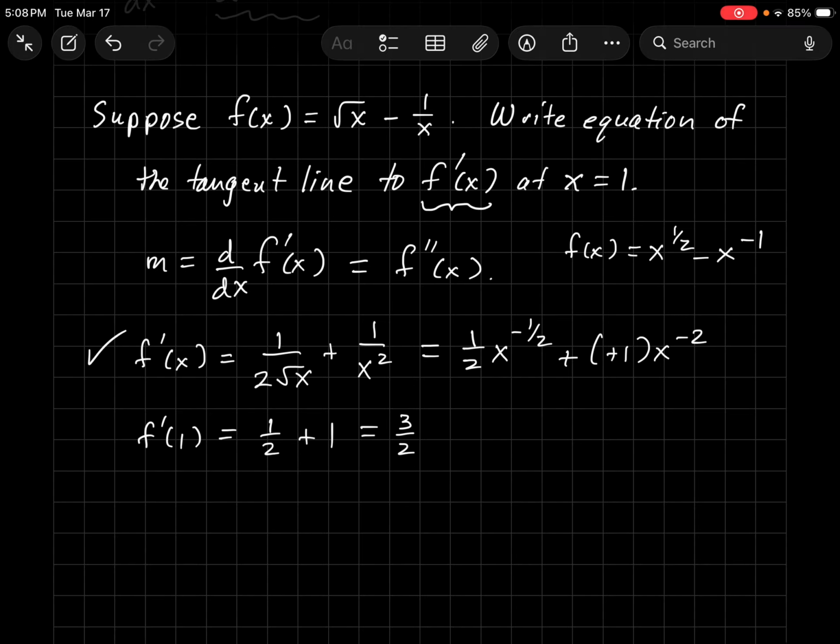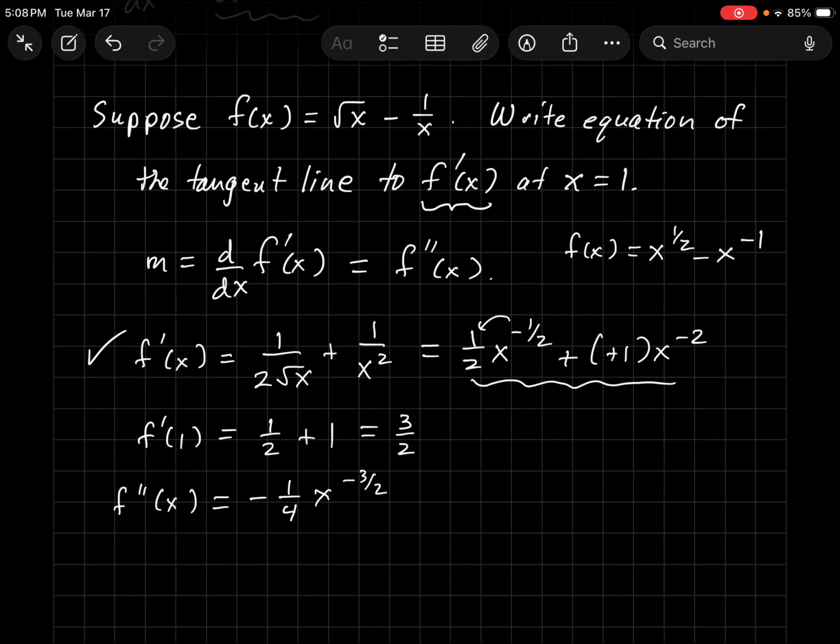And now we need the slope, which is the derivative of f prime, or f double prime. And so I'm going to use this form over here to take the next derivative. So I get negative 1/4, because I bring the power down and multiply by the constant. And I'll subtract 1 to get the new power.